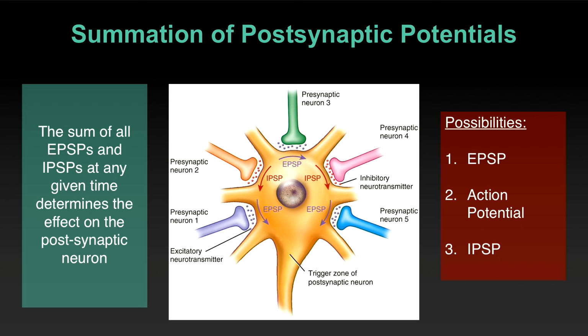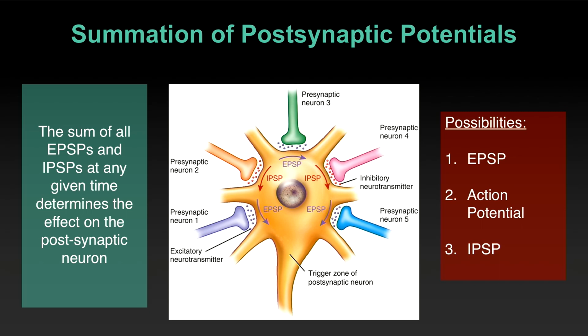We don't reach threshold. 2, the net effect is excitatory, and we reach threshold. So we generate an action potential in the postsynaptic neuron, and that's sent down the axon.